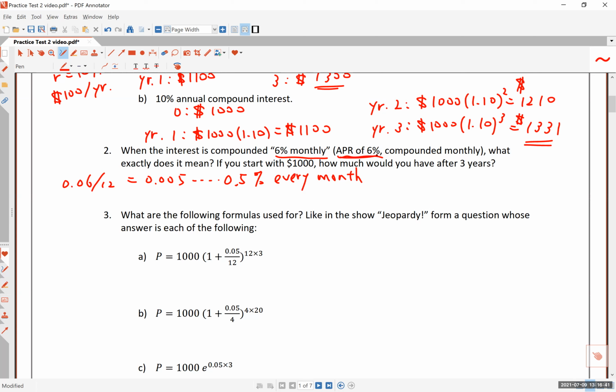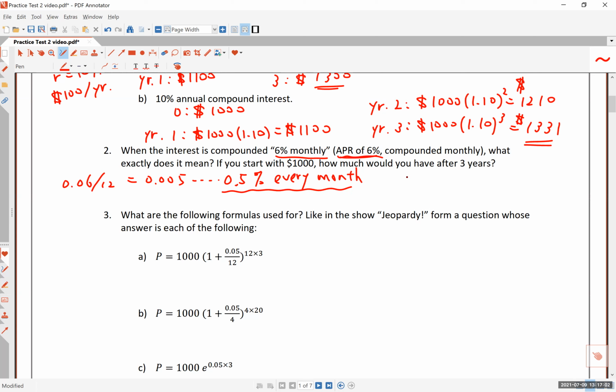So this is jargon used by the financial industry, and I know it doesn't make sense. That's probably because the economists and finance people are not mathematicians. What does it exactly mean? What is meant by APR of 6% compounded monthly is 0.5% every month. Right?